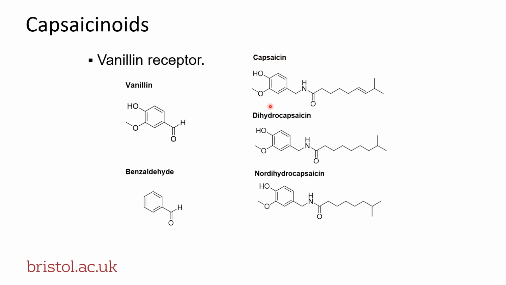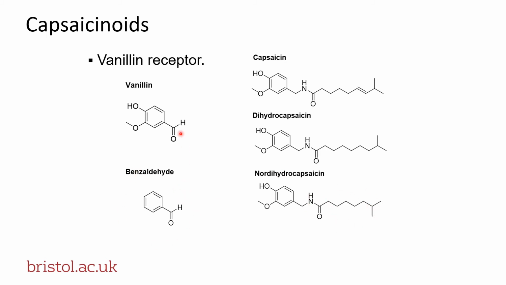For capsaicin, you can see again there's the same head group, and a little bit further removed there is also a carbonyl group, and then further along the chain we've got this double bond. In dihydrocapsaicin, we've essentially hydrogenated that double bond, so this is now a single bond, and then in nordihydrocapsaicin the chain is actually one carbon shorter.